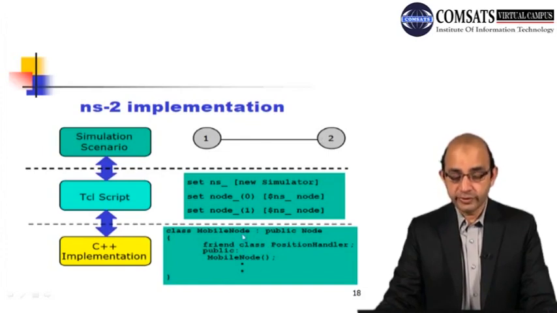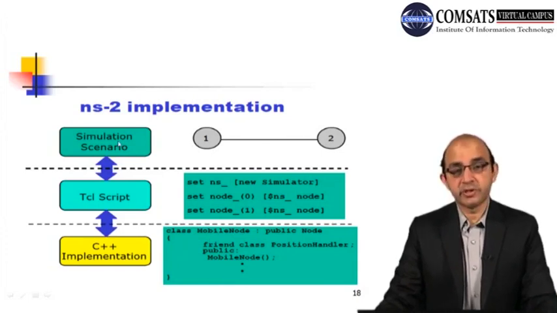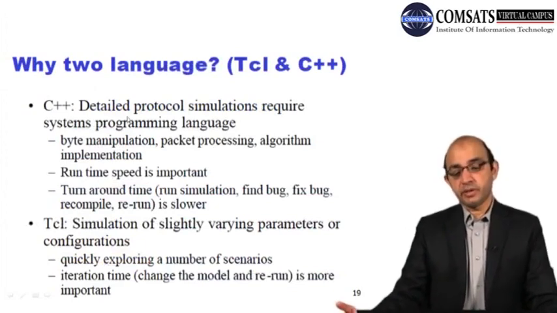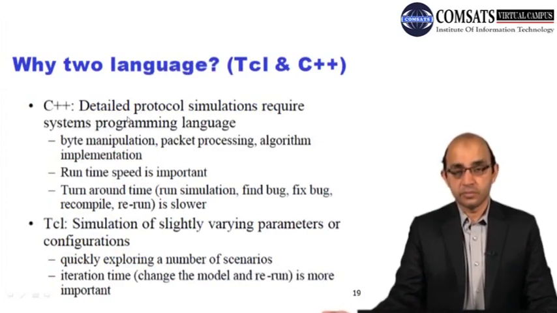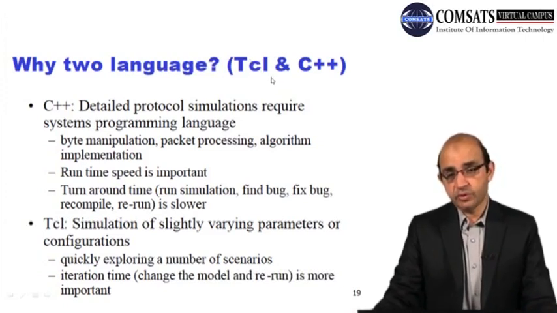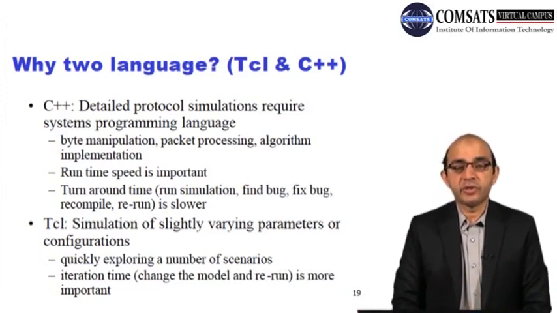It's a mobile node, it can be a router, right? This is the C++. So you have the simulation scenario, then the TCL script, and here is the core of NS2. So why are we using different languages? These are the two main languages. TCL, as I have explained, is used to glue all those different components together, and the core is written in C++.